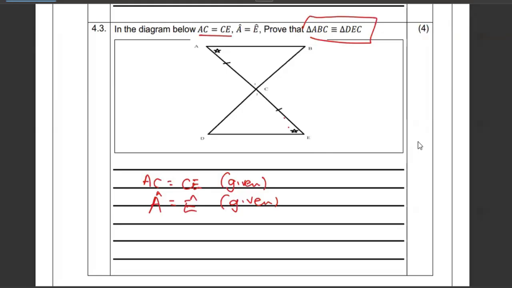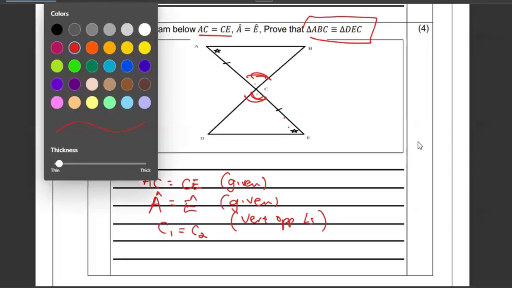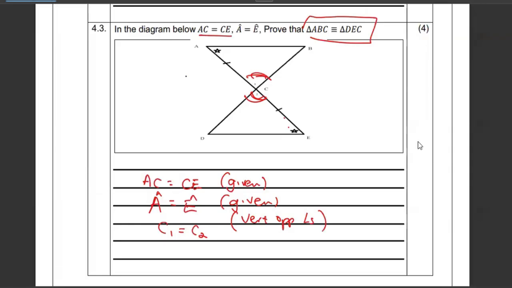And then we can look at these ones. C1 is the same as C2. This angle is the same as this angle. So those are vertically opposite angles. So what is the question asking for? Prove that ABC, this triangle on top, is exactly the same as the triangle at the bottom. So we've seen this going with that.